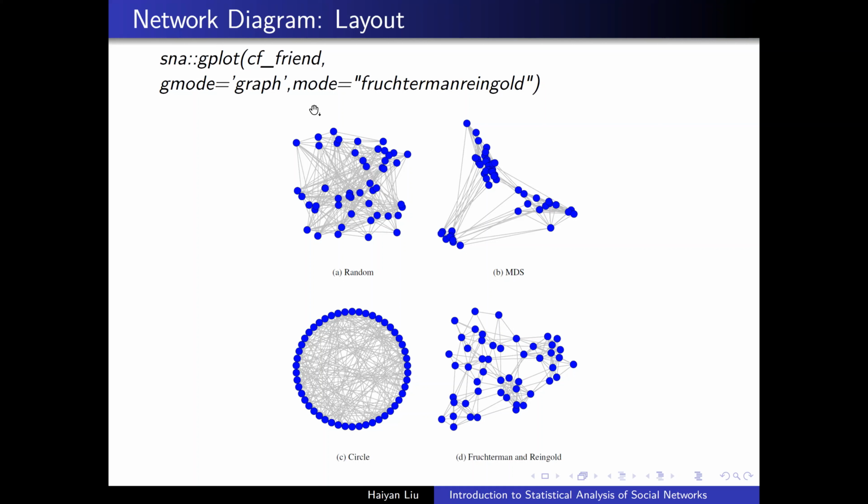Now, the first plot, plot A, uses an algorithm that randomly spreads those bubbles in the 2-dimensional space. Now we can notice that those bubbles are more randomly scattered. The second one uses a multidimensional scaling algorithm.